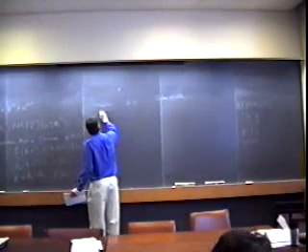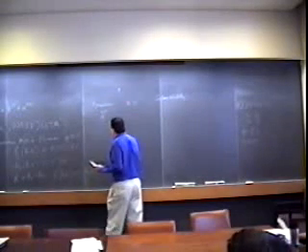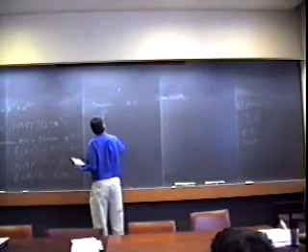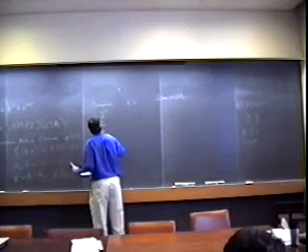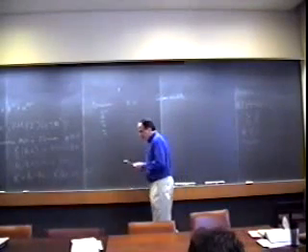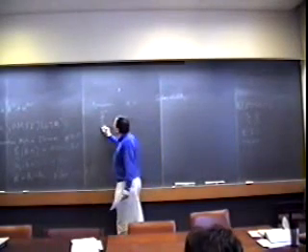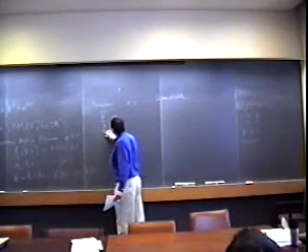So J squared, JZ, J plus minus. I'm not going to be able to do this all on one board, but you'll get the idea. So operators are generally represented as boldface.